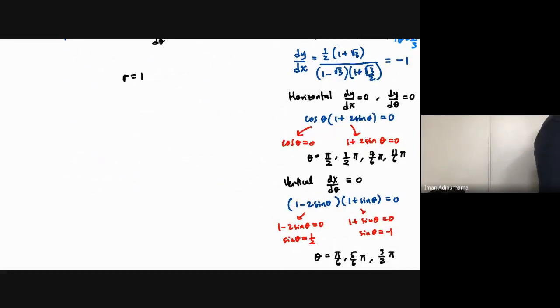So r is 1 plus sine theta. Because we already drew this in the previous problem, I will just draw it and state the values. Maybe make it bigger.